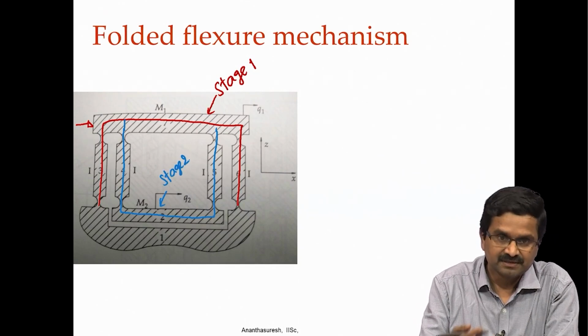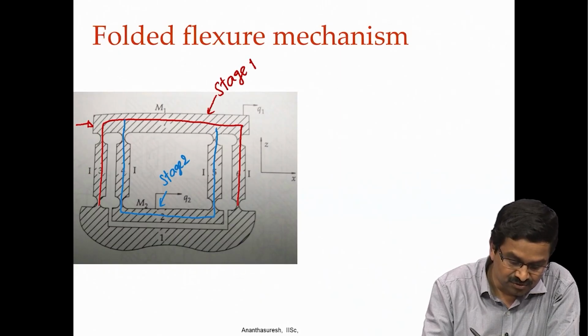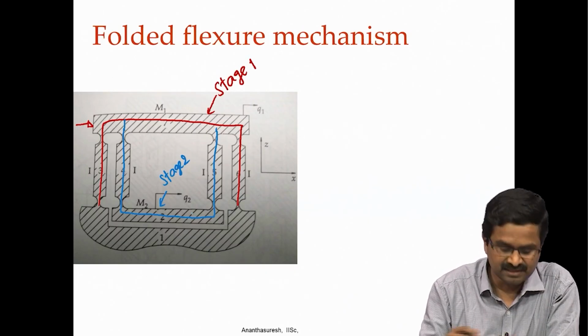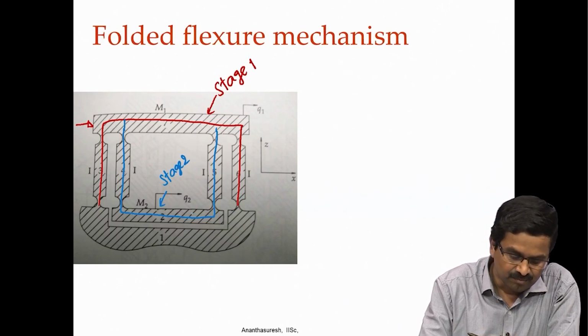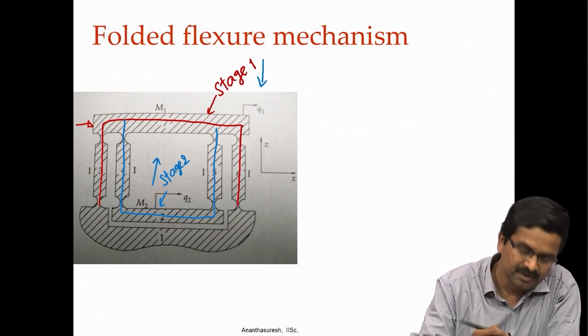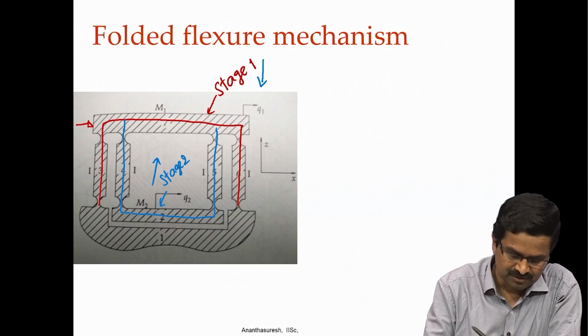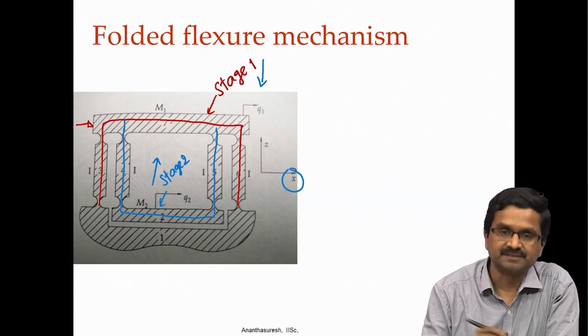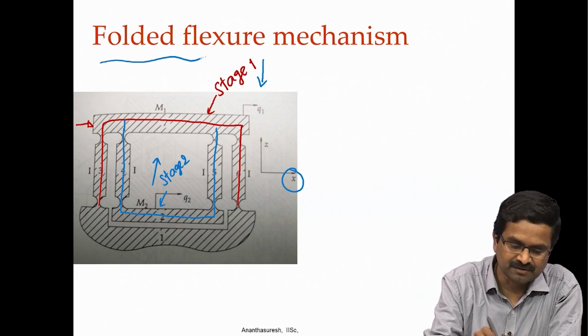If you imagine how stage 2 would deform, it will translate to the right, but at the same time it will move up. Just as stage 1 is going to move down, stage 2 is going to move up, and those two will be compensated. So, stage 2 will have pure translation in the x direction. That is the folded flexure mechanism.